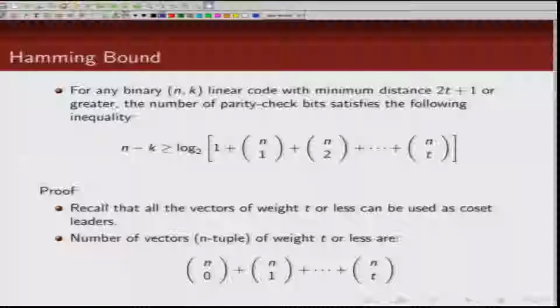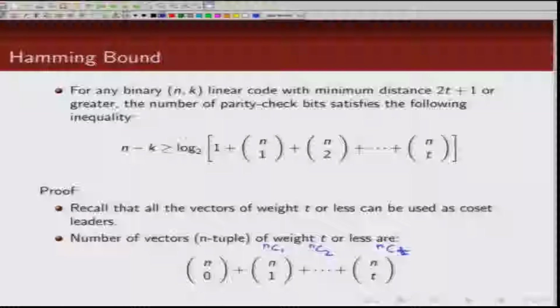Now, let us count how many such error patterns there are. The number of error patterns of weight 0 is given by nC0. The number of error patterns of weight 1 is nC1. The number of error patterns of weight 2 is nC2, and similarly the number of error patterns of weight t is nCt.